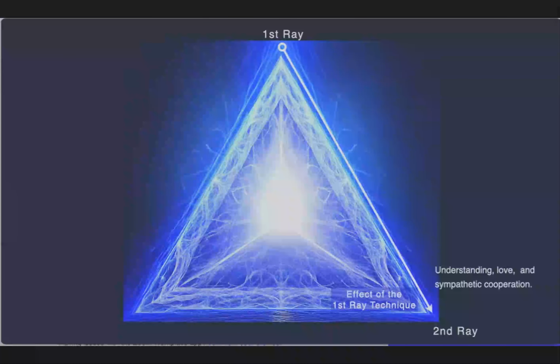Interestingly, the effects produced are always the most difficult for each given ray type to incorporate. For example, the second ray effect of loving acceptance and understanding is the most difficult for first ray disciples to develop. The same is true for each of the other two ray types. We kind of saw that in the list we were working with today.